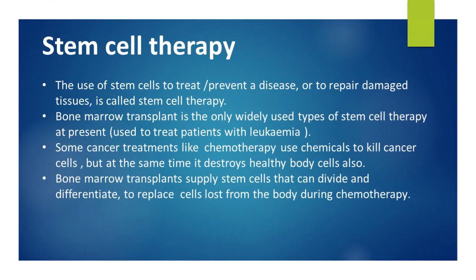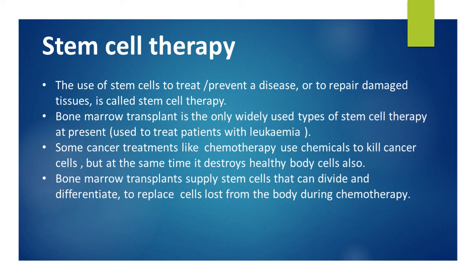Now let's see about stem cell therapy. So what is stem cell therapy? It is the use of stem cells to treat or prevent a disease or to repair damaged tissues. Bone marrow transplant is the widely used type of stem cell therapy at present, and it is used to treat patients with leukemia. Some cancer treatments like chemotherapy use chemicals to kill cancer cells.